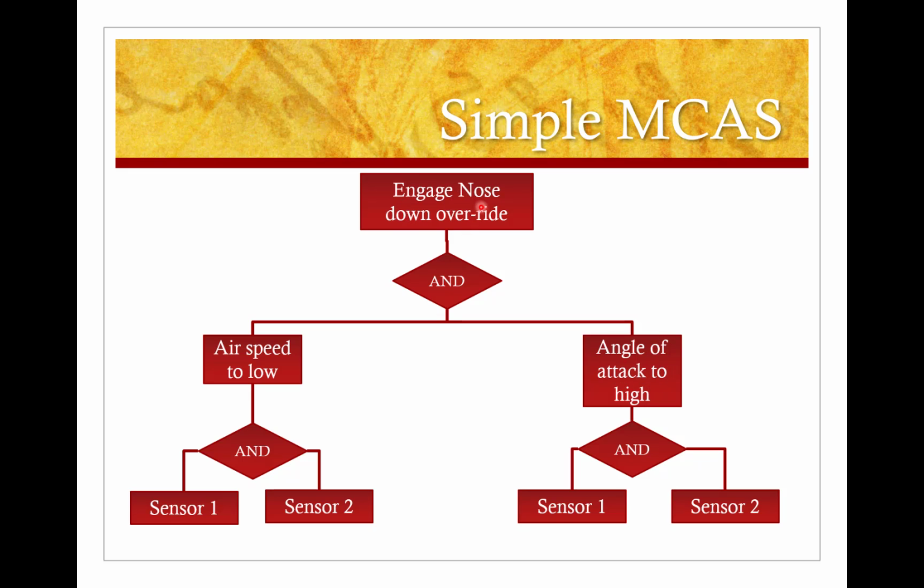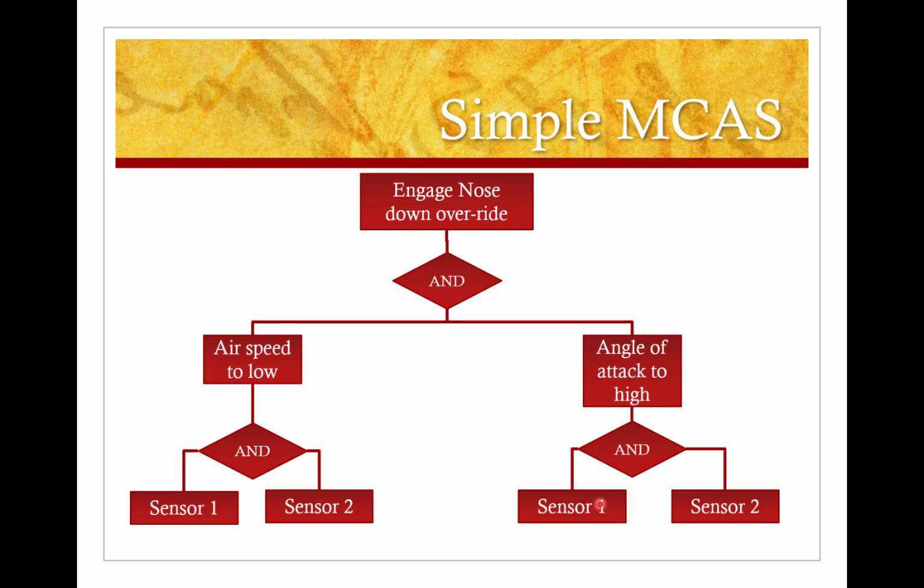In order for that to engage, you have to have airspeed too low and the angle of attack too high. And for the angle of attack too high, you really want redundant sensors so that you're connecting all of these through AND gates, so that the probability of the bad event up here, an engaged nose down override when it didn't warrant it, is going to be much lower than the probability of anything going bad down below in the tree.